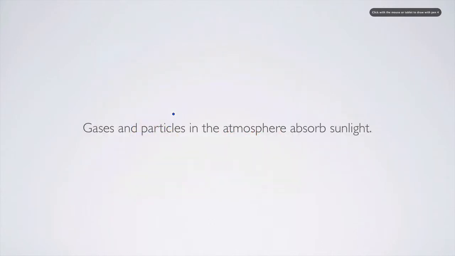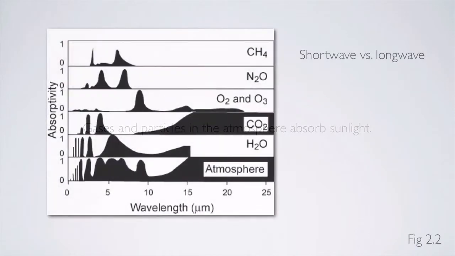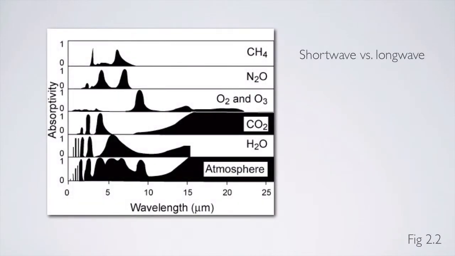Now, just as I showed when we compared the radiation distribution at the top of the atmosphere and at sea level, there are gases and particles in the atmosphere that absorb sunlight. And each gas has its own unique absorptivity. So here we have methane, for example, a gas that you can find in the atmosphere, and it's got its own unique set of absorption peaks.